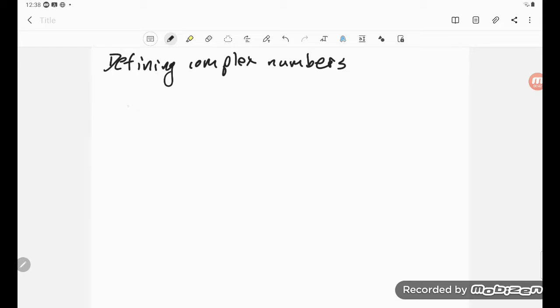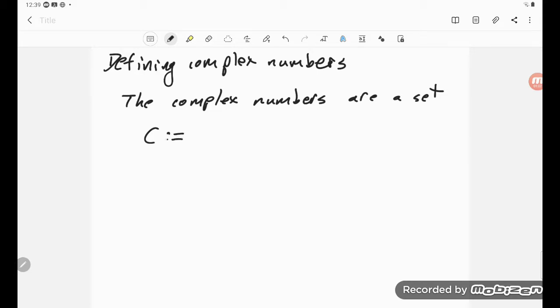And so they say the complex numbers are a set, okay, C, and they use a colon equals as a definition here.